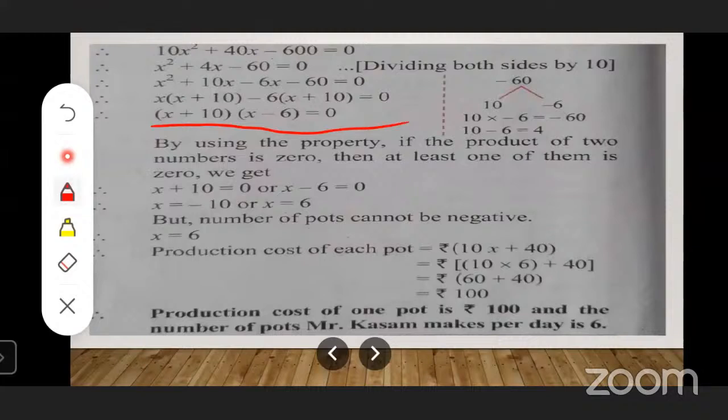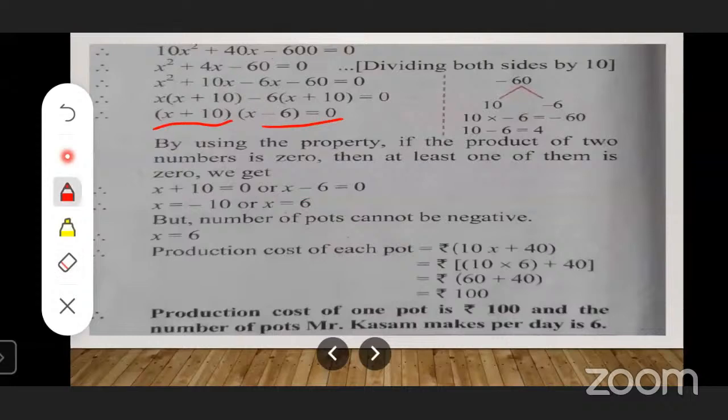Now, which property do you have to use? If the product of two numbers is 0, then at least one of them is 0. This property you have to use. When you use this property, what are you getting? Either x plus 10 is equal to 0 or x minus 6 is equal to 0, right?